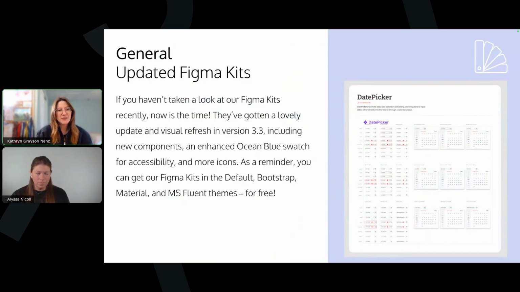3.3 includes some new components. It includes an enhanced Ocean Blue swatch, which is our accessibility swatch, and more of our icons. As a reminder, you can get our Figma kits in those four flavors: our default design system, Bootstrap, Material, and MS Fluent. We offer all of those themes.